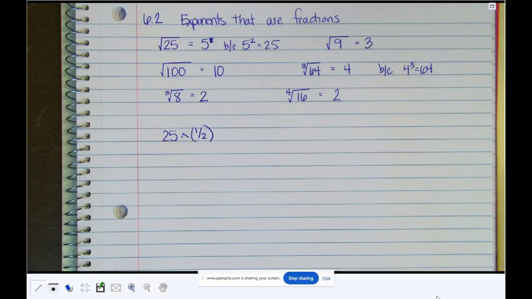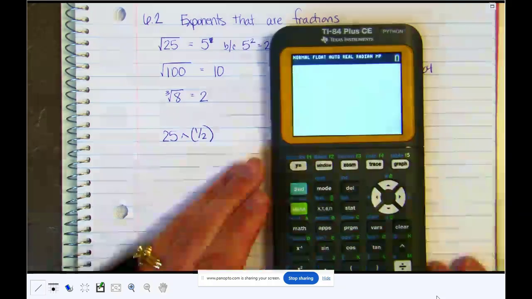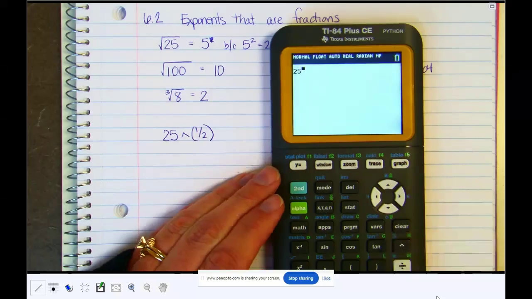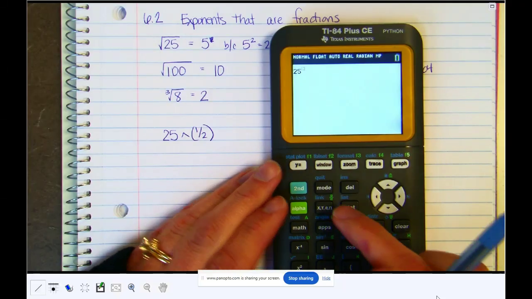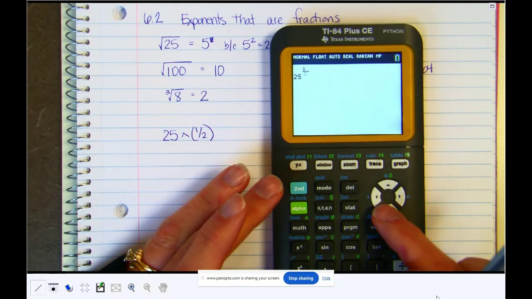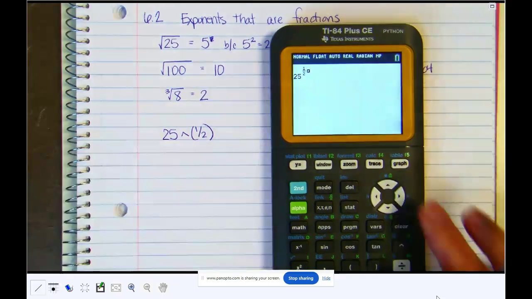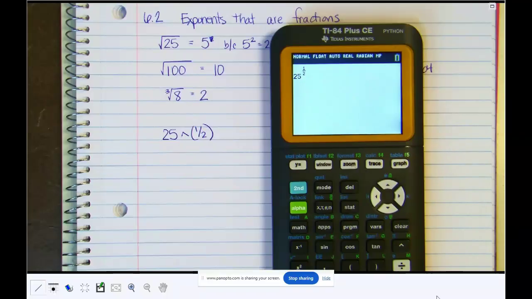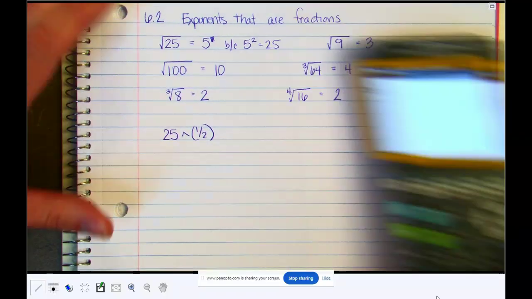Okay, so remember that your calculator has a caret key. That's the key above the division. It's called the caret. So 25 with the caret key, and then do the fraction 1/2. Just like that. And you should get 5.